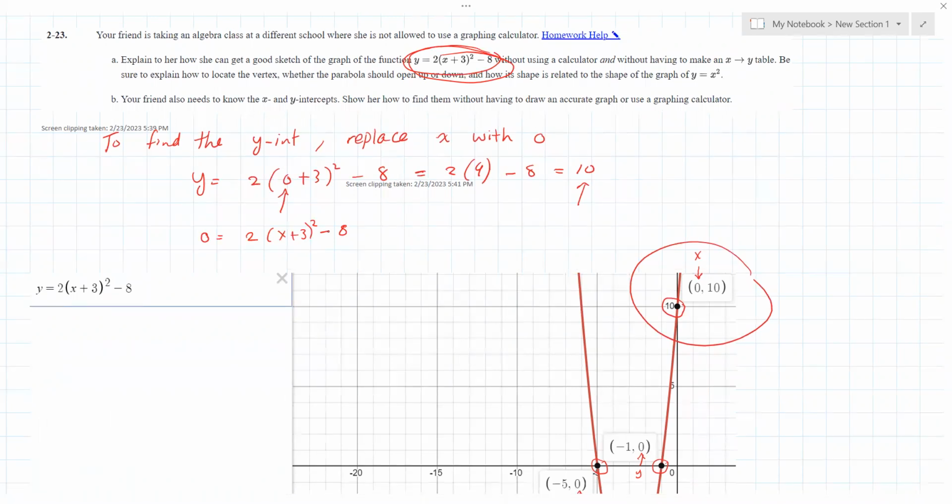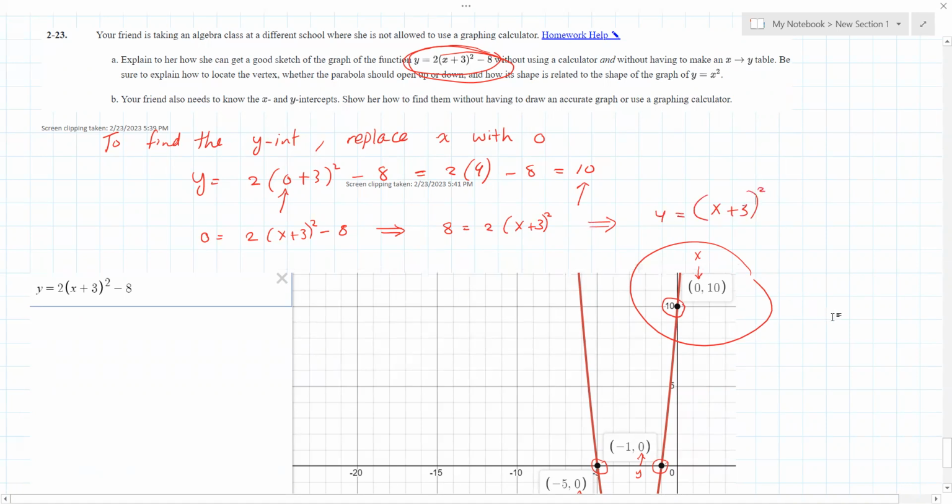I will add 8 to both sides. So 8 is equal to 2 times (x plus 3) squared. I'm trying to get x isolated step by step. Then let me divide by 2 on both sides. So we get 4 here, and we get (x plus 3) squared here.